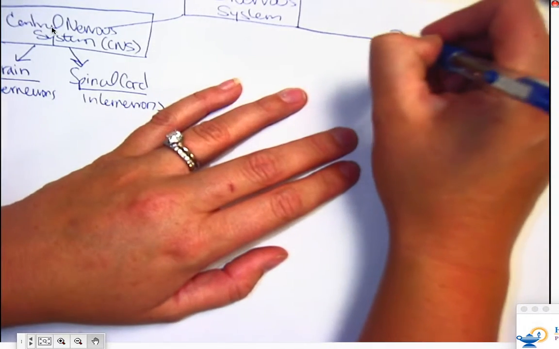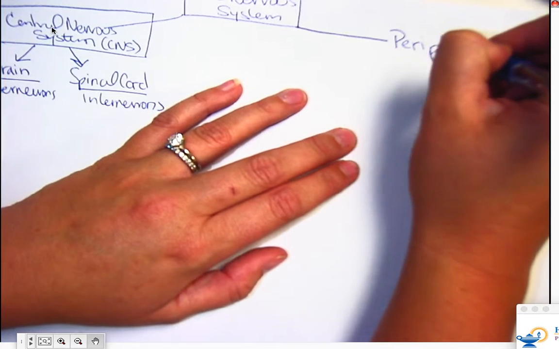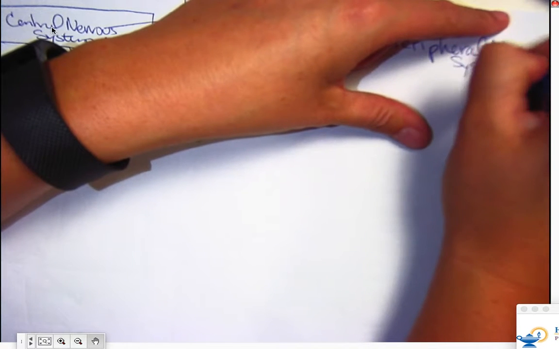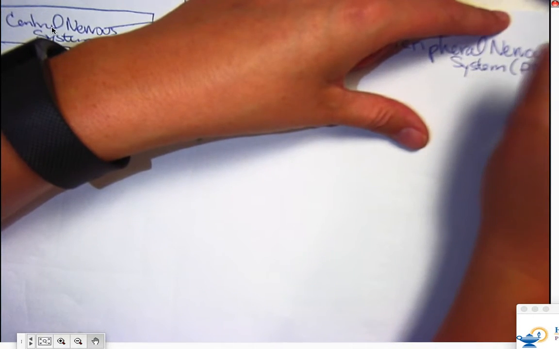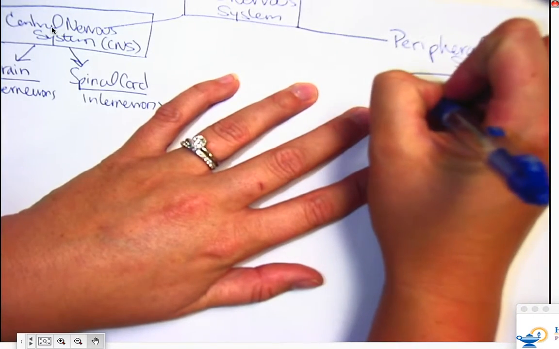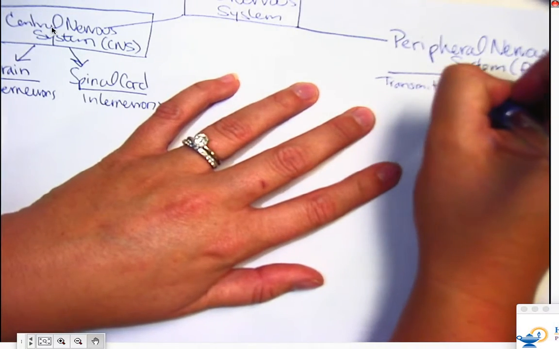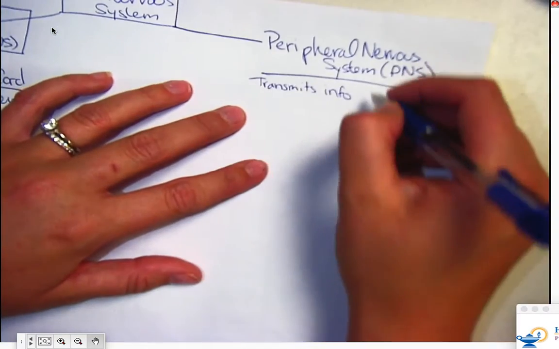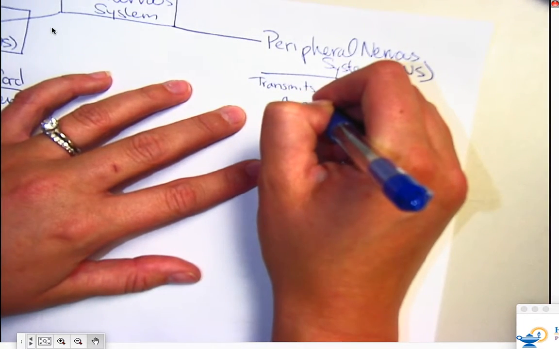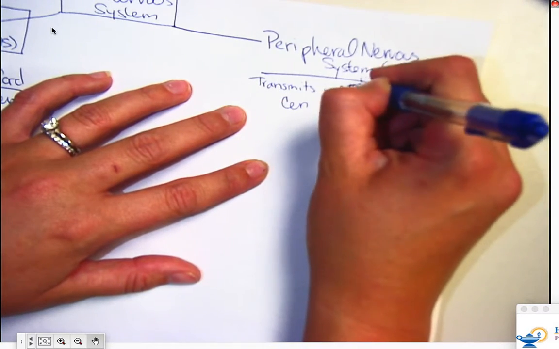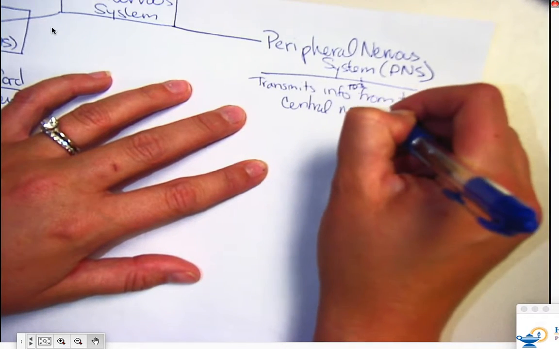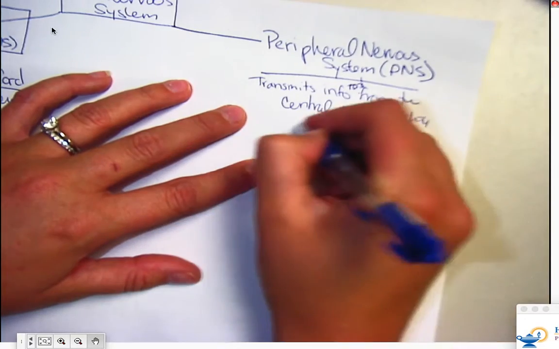So the other side is your peripheral nervous system, also known as the PNS. Your peripheral nervous system transmits info to and from the central nervous system to the rest of the body.